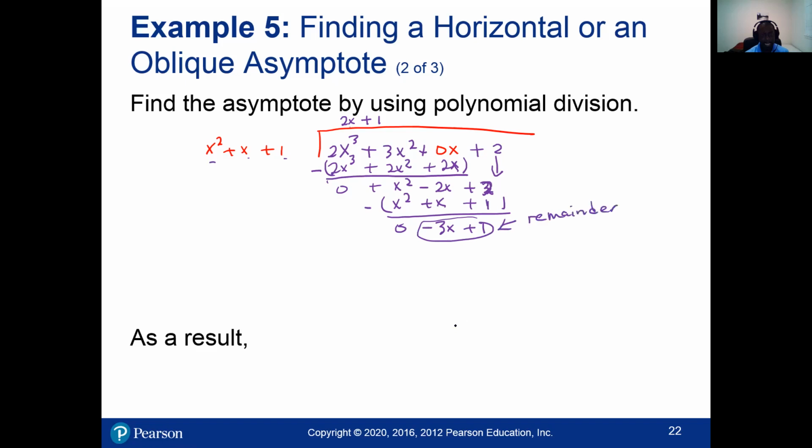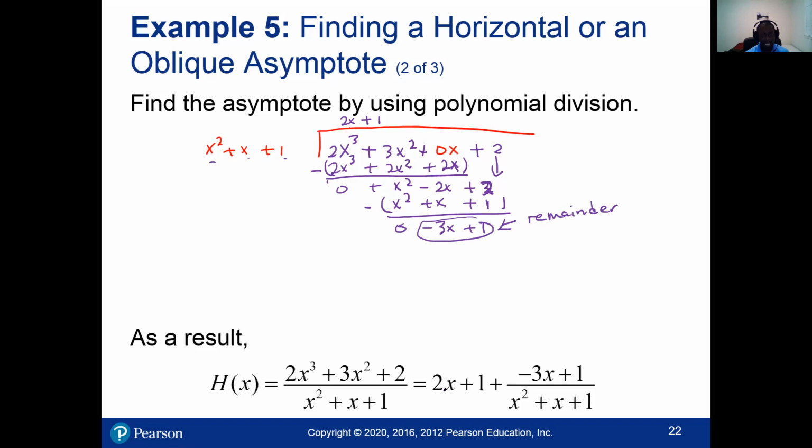That's your remainder. So the whole h of x can be expressed as what? The quotient, which is 2x plus 1, plus the remainder, which is negative 3x plus 1, divided by the divisor. This is called the divisor.